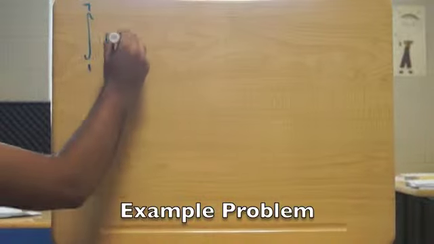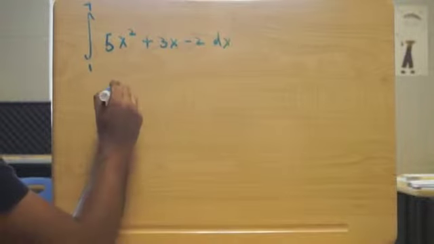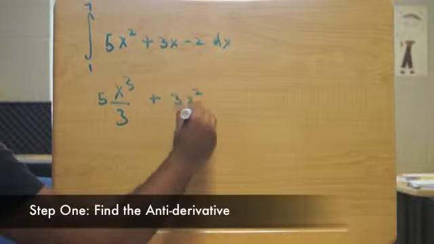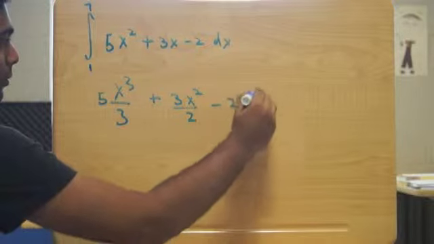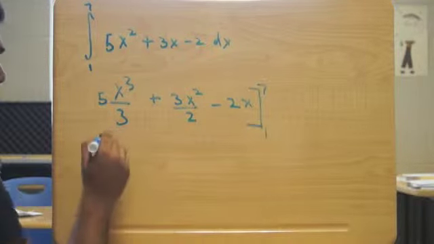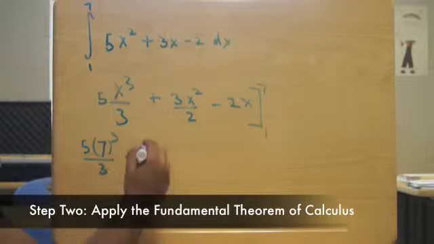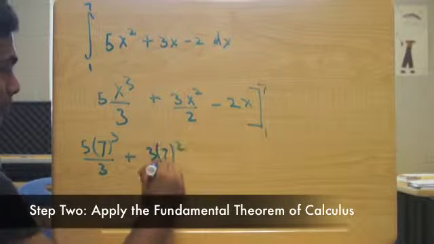Example problem. Use the fundamental theorem of calculus to find the definite integral of this function. First, you find the antiderivative of the function using the methods that you learned in the previous chapters. You apply the fundamental theorem of calculus by plugging in 7 to the antiderivative.